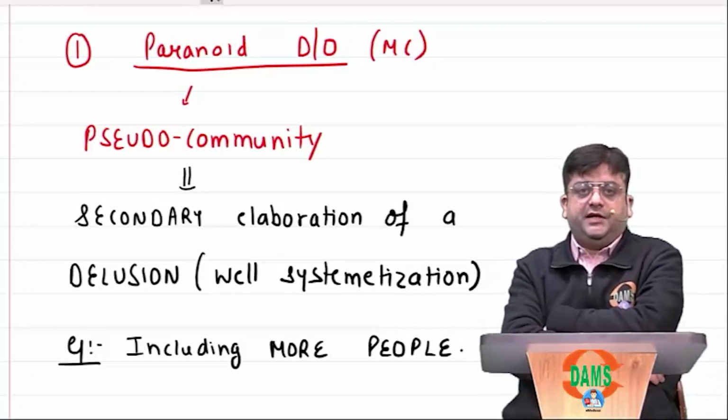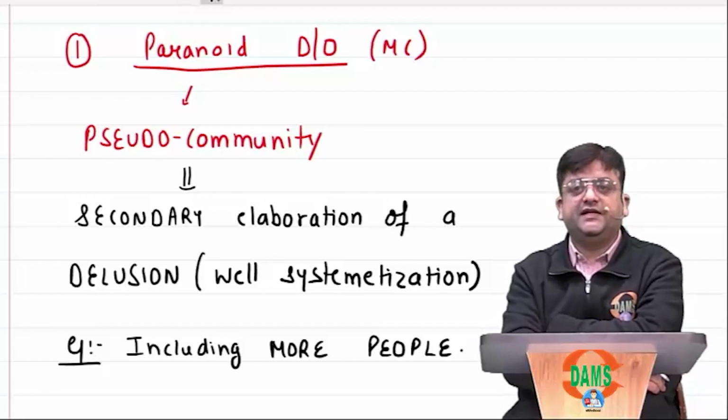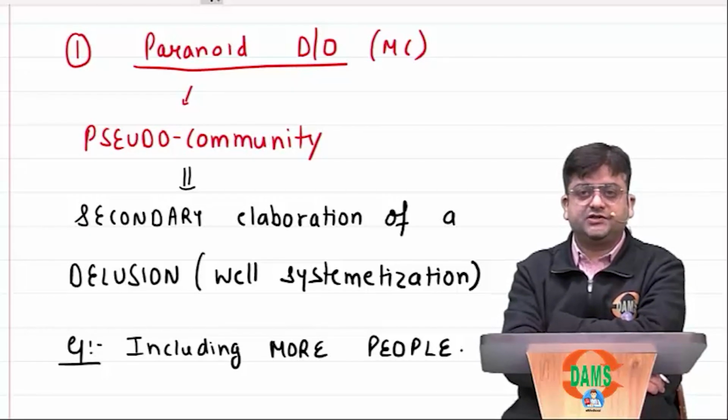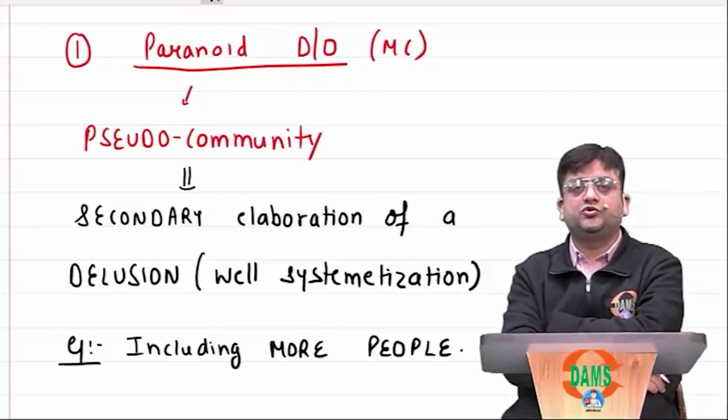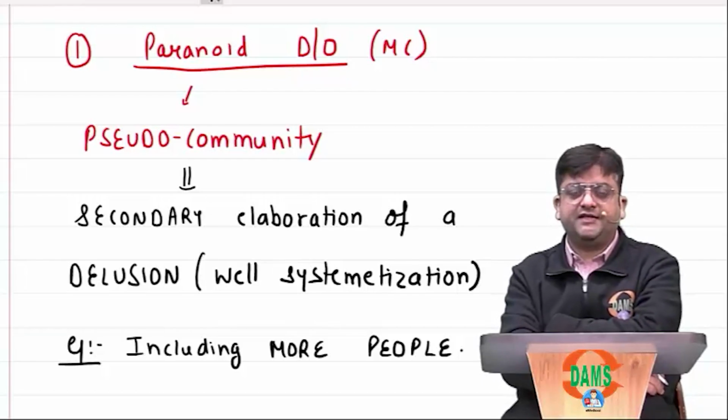For example, a person has a belief that office colleagues are against him, they want to harm him. Now a new person joins the office and talks to those two colleagues about a random neutral topic, and now my patient believes three are against him.